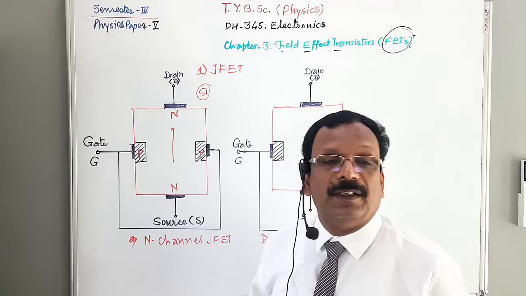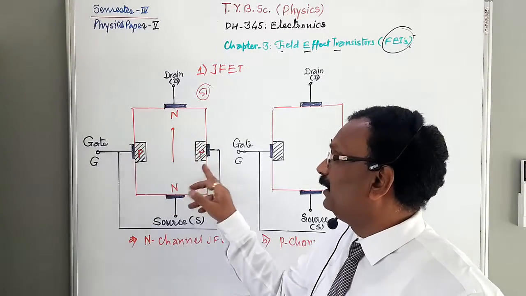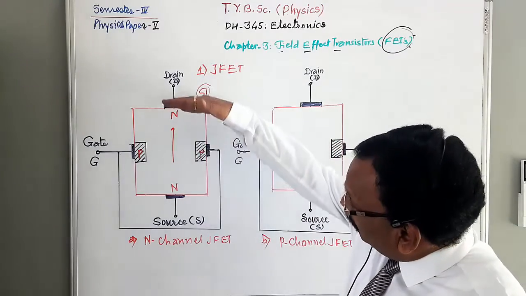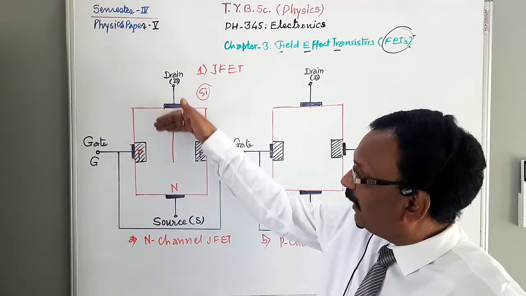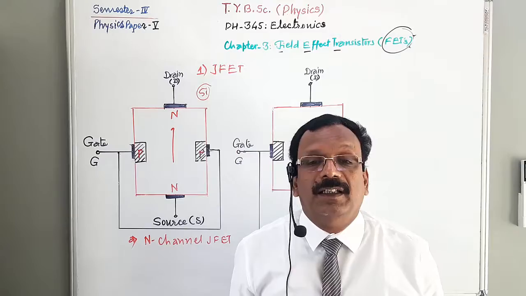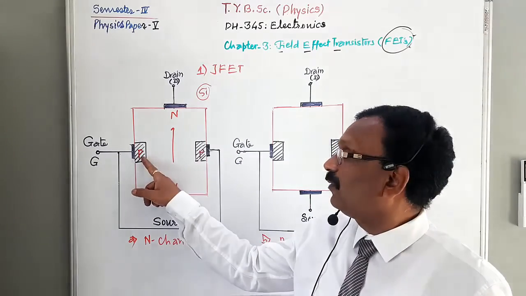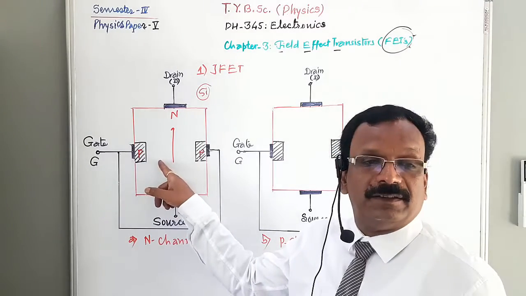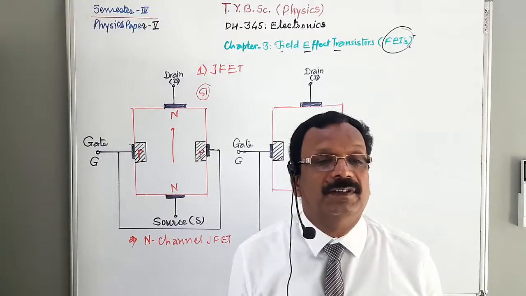One P type region is diffused here, another P type region is diffused here, on opposite sides at the exact middle position of the channel. The P type regions form a PN junction here and a PN junction here.